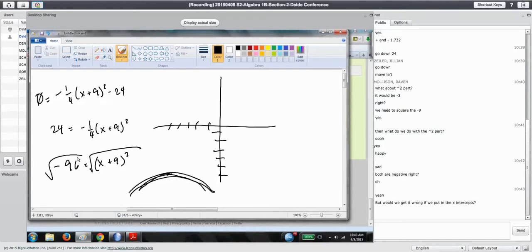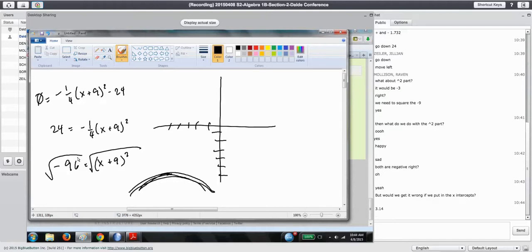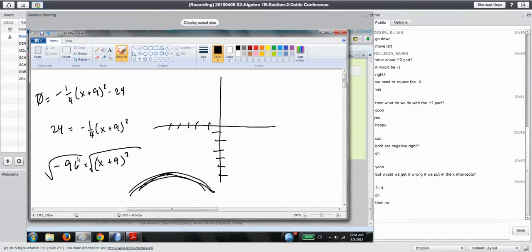Did I teach you the imaginary number yet? No, it's not 3.14. It's not pi. I don't think I did teach you the imaginary number, so for now, you would have to say there is no such thing as the square root of negative 96, because there is no such thing as a square root of a negative number.